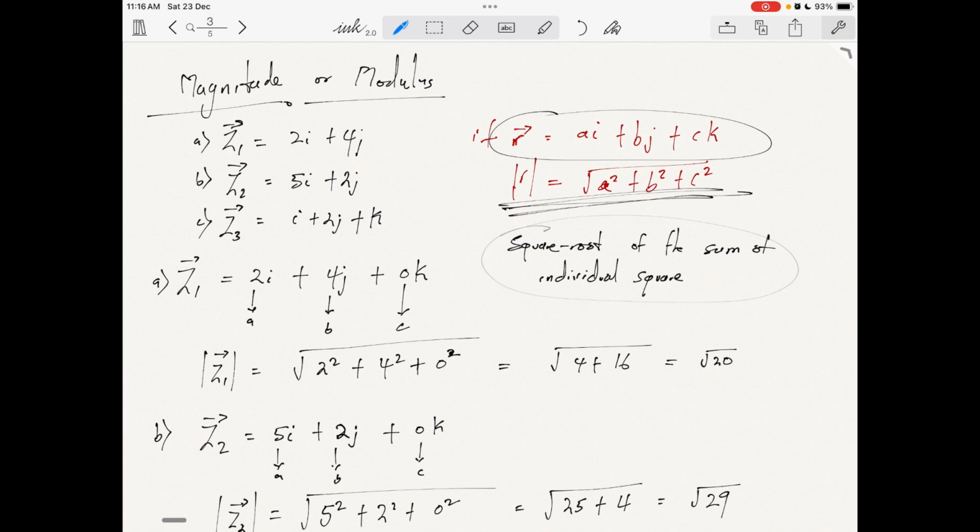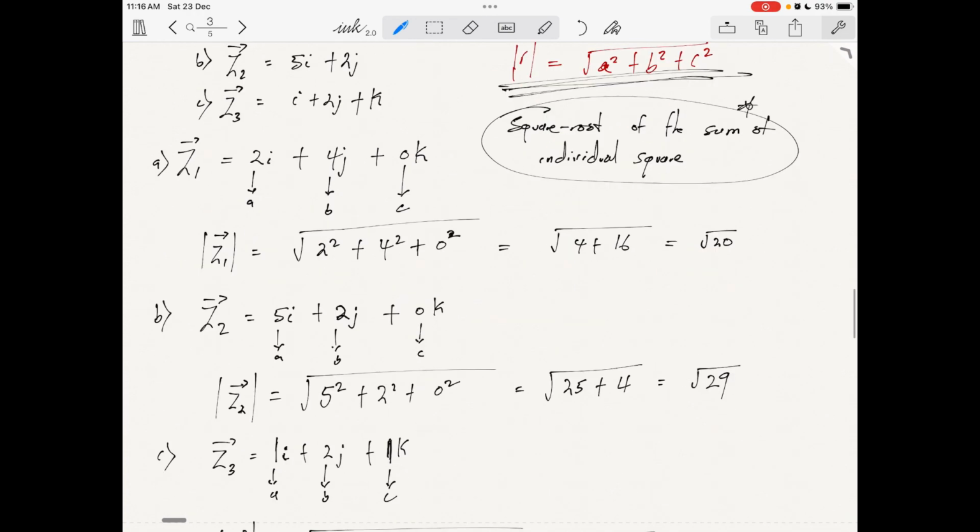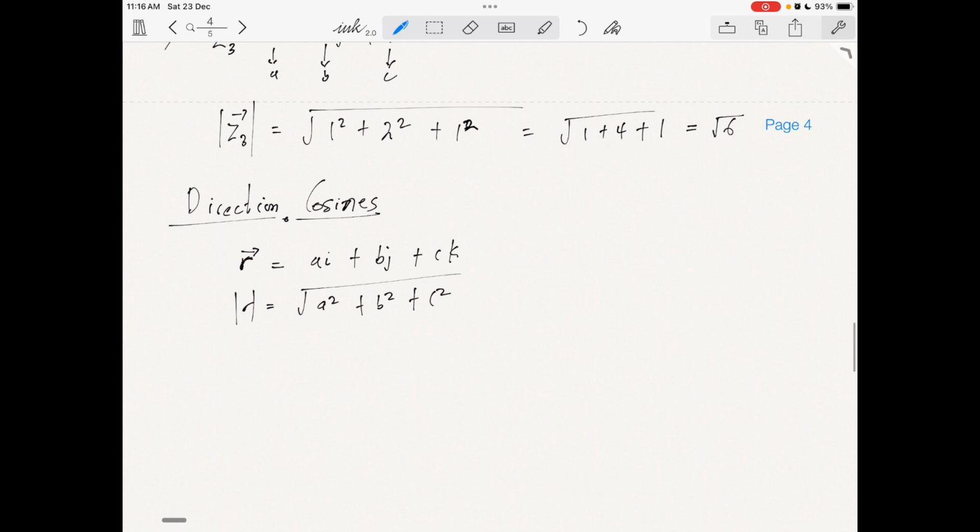So let's go back to our direction cosine. We're given a vector quantity r as ai plus bj plus ck, and we know that the modulus r is equal to the square root of a squared plus b squared plus c squared.